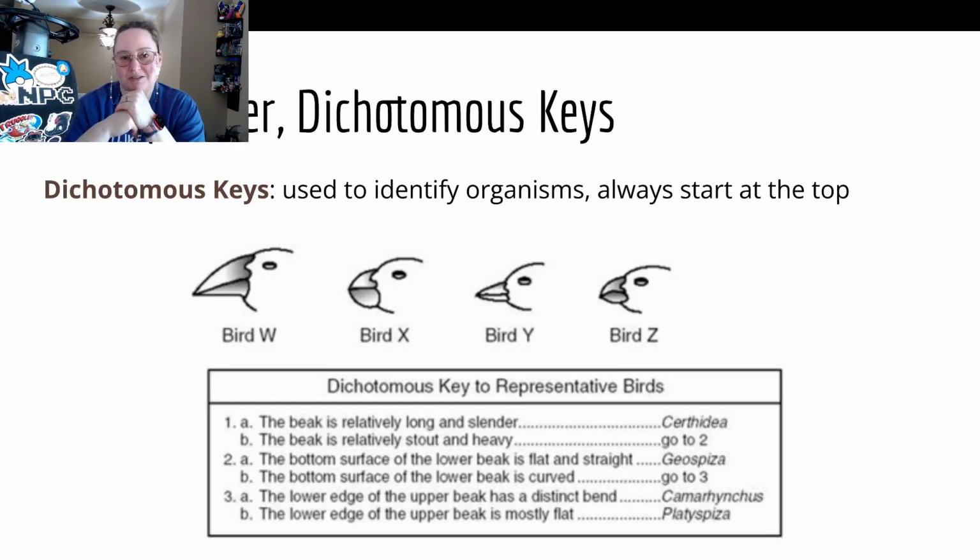This is like the biology version of that, in that you look at whatever specimen you have, and you have two choices, and you've got to make one of those two choices and then go wherever the choices tell you until you get, hopefully, to the right species that you're looking at.